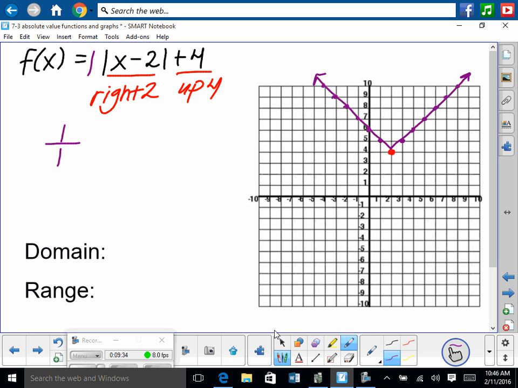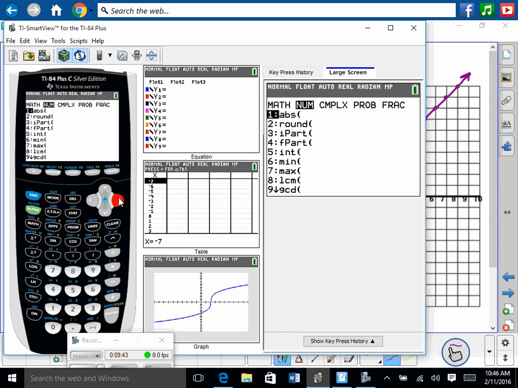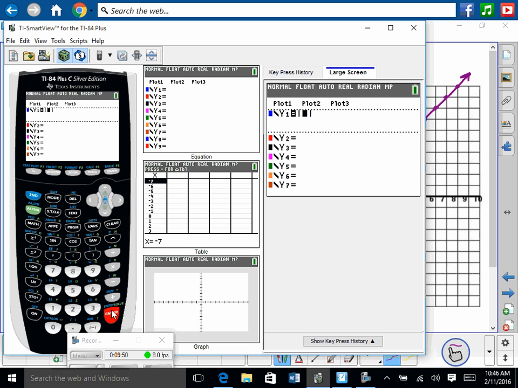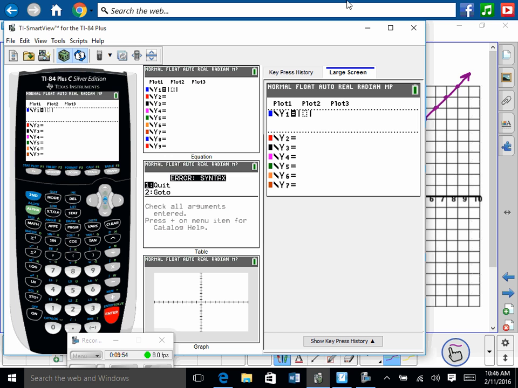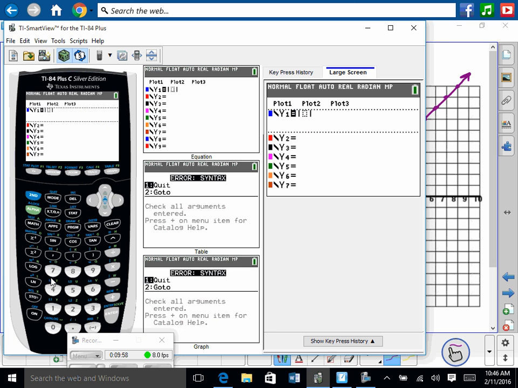Okay, so everybody, you go to y equals. Now to get the absolute value, you have to go to math, over to NUM, down to absolute value, which is number 1. So we have the absolute value, and it was x minus 2 plus 4, right? So I've got to type it in right.